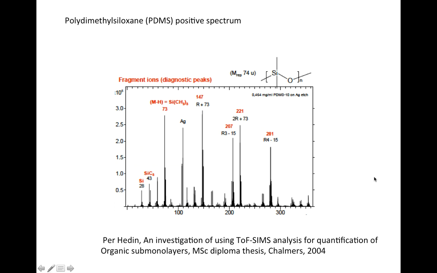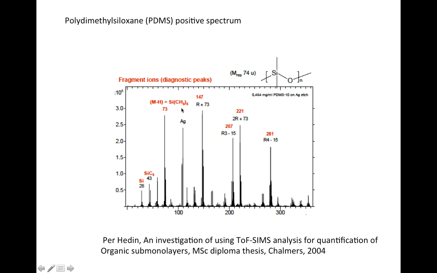So here we can see some examples. This is polydimethyl siloxane. So here silicon is, I think, 28, and then we have here methyl, so it's 15 plus 28 is 43 plus 16, 58, 68, 74, 74.